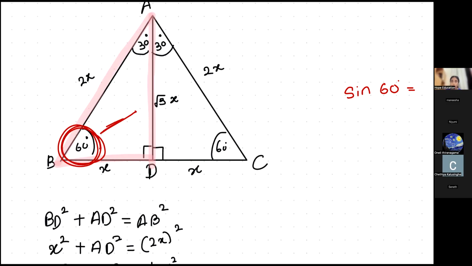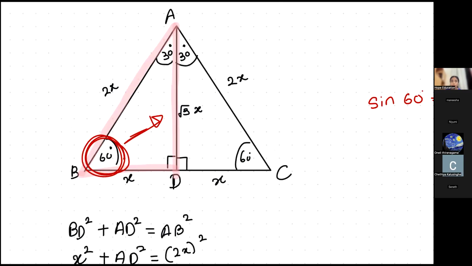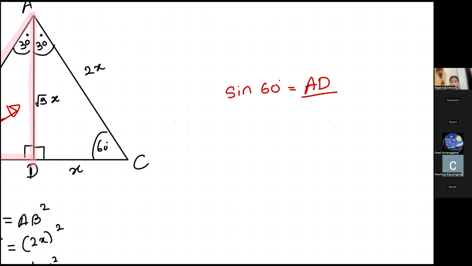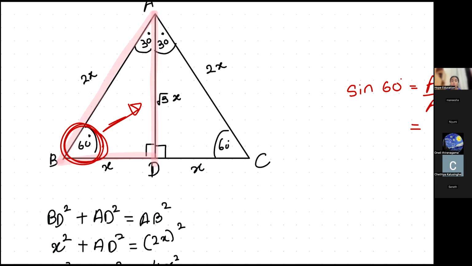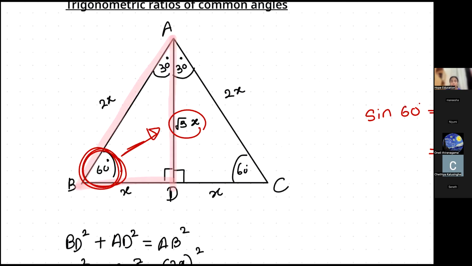Okay. What is the hypotenuse in that triangle? AB. Yes. So we know that AD is root 3x and AB is 2x.